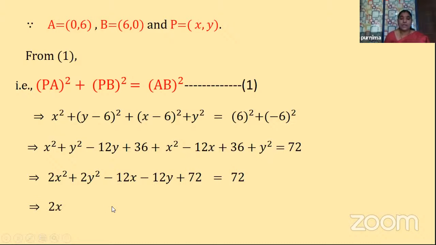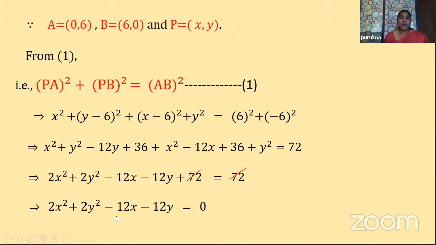Next step: 2x square plus 2y square minus 12x minus 12y is equal to 0. Why again 0? Yes, your guess is right. Again here we have to cancel this 72 and 72, so it will give you 2x square plus 2y square minus 12x minus 12y is equal to 0.